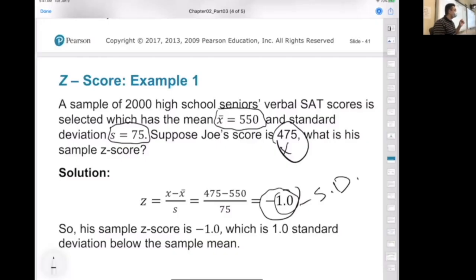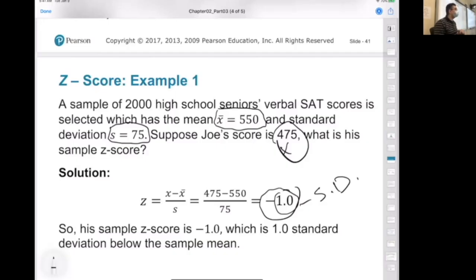In statistics, standard deviation is a unit. So when we say -1, that means the value 475 is less than the mean 550 by 1 standard deviation.